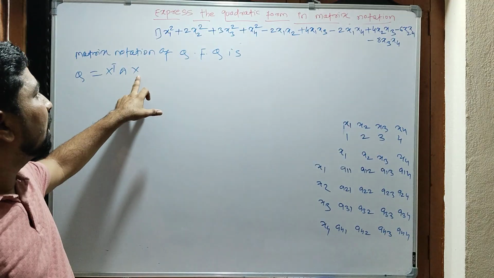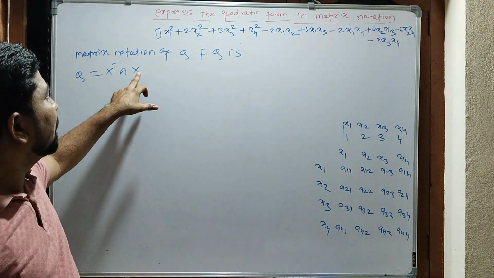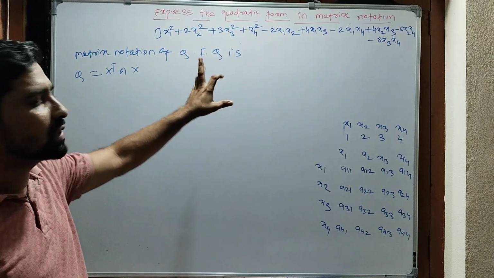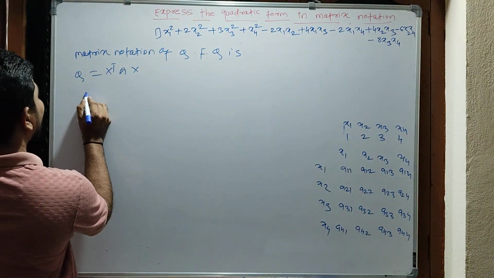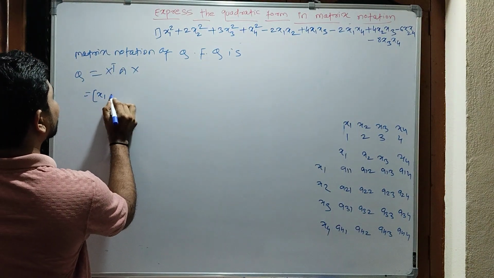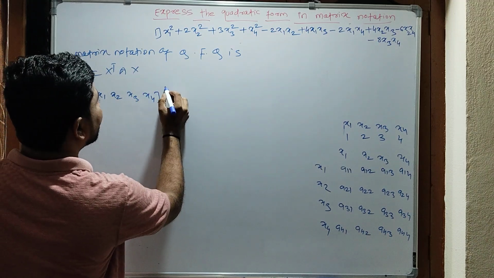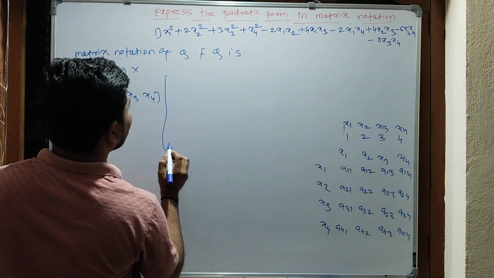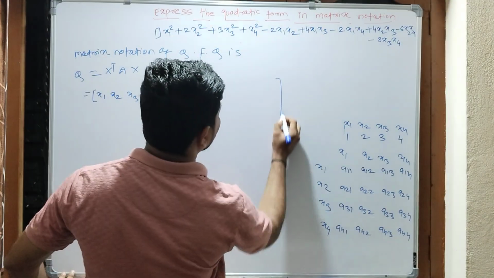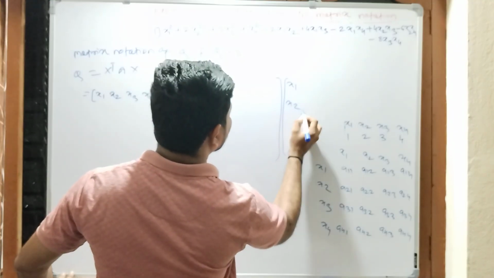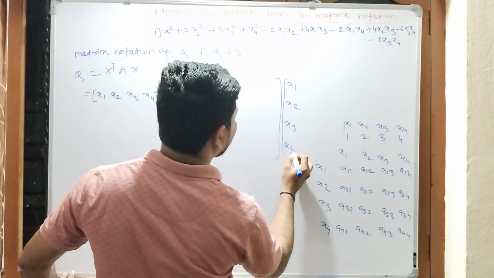This is the column vector having entries x1, x2, x3, x4, and this is the row vector having entries x1, x2, x3, x4. Now write the coefficient matrix in between, with the vector x1, x2, x3 and x4.